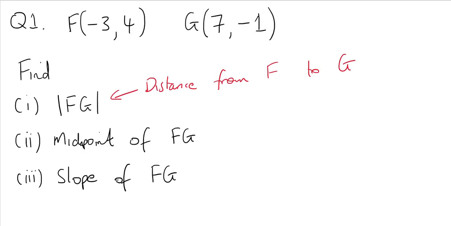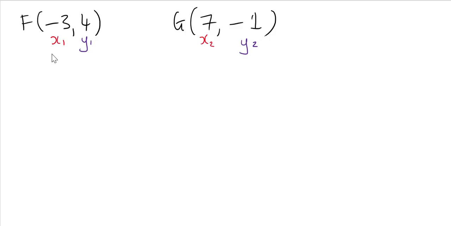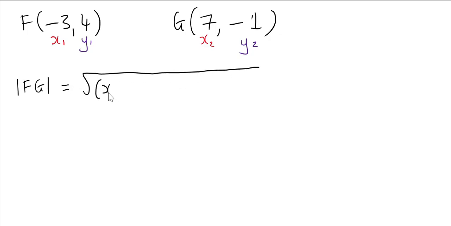And I'm going to start off with the first part, which is find the distance from f to g. So points down, label, we've already got that done, and we throw down the distance formula. So the distance from f to g, shorthand here, is given by this formula here. And the formula is the square root of (x2 minus x1) squared plus (y2 minus y1) squared.